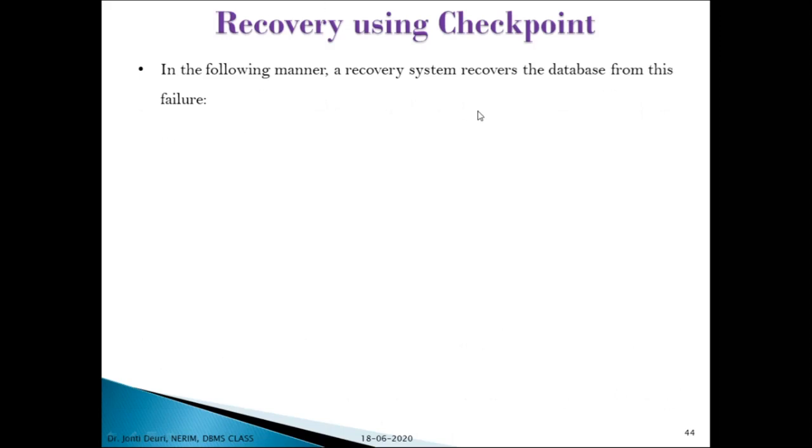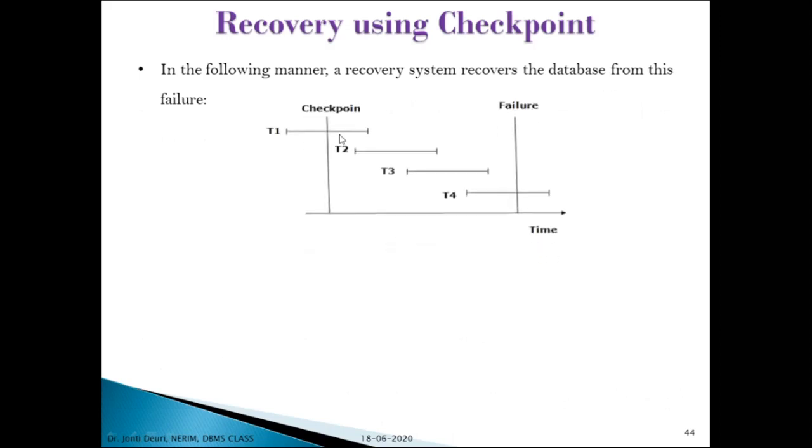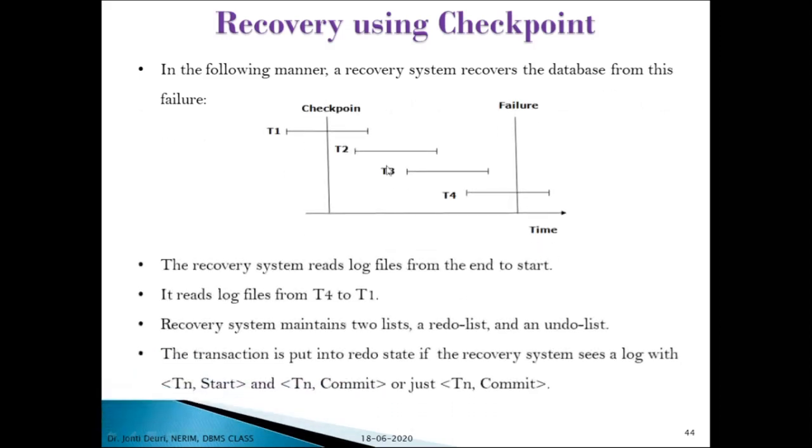A recovery system recovers the database from its failure. Like this, you can see one example here. The recovery system reads log files from end to start, from here to here, so it reads log files from T4 to T1, right?